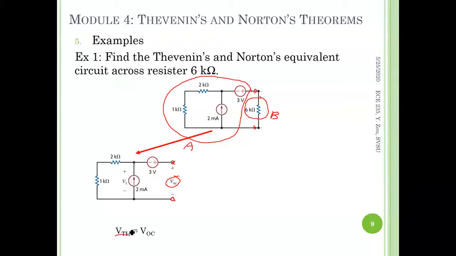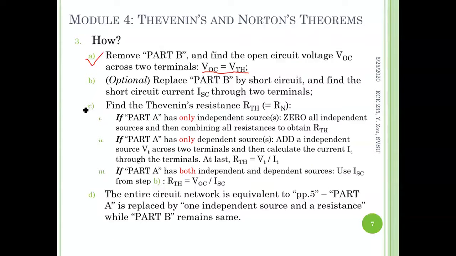So first of all, find Vth in this way, and then in step C here, we try to find the Rth by identifying up to 3 possible cases. Our example 1 is clearly case 1, in which only independent sources are present without any dependent sources.